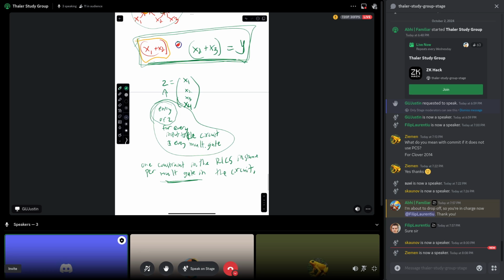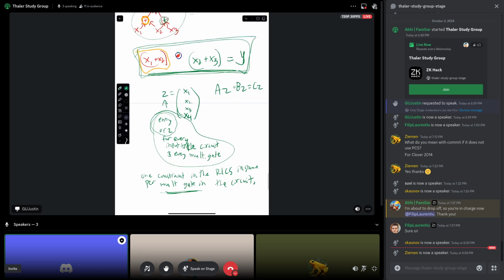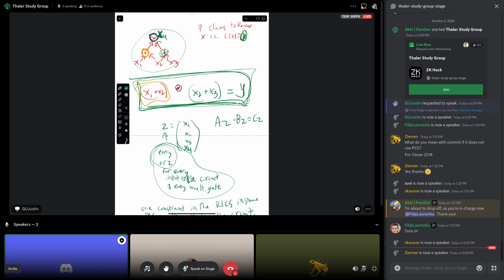So in this example, I want to give you AZ entry-wise product BZ equals CZ. That's equivalent to this constraint, which is in turn equivalent to the circuit sat instance. So what A would be: A times Z should have one entry, that entry being x1 plus x2. So A just has one row, and that row is 1 1 0 0.